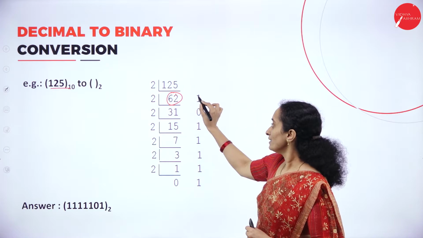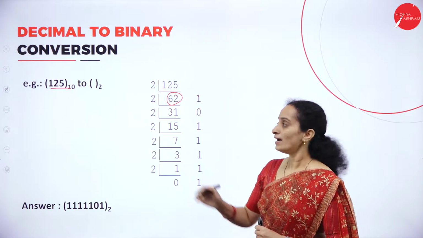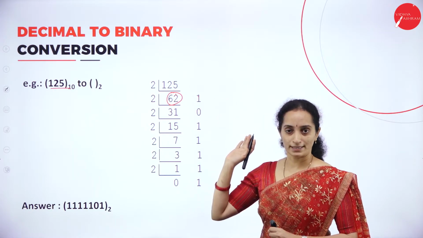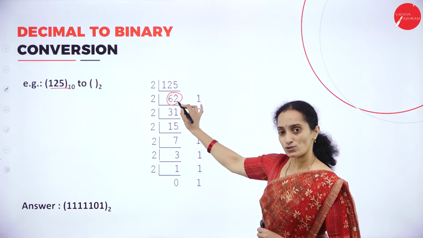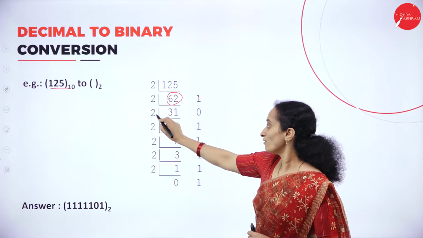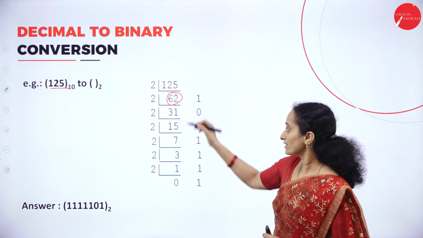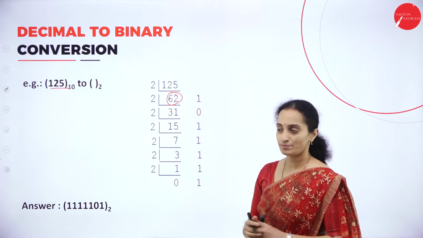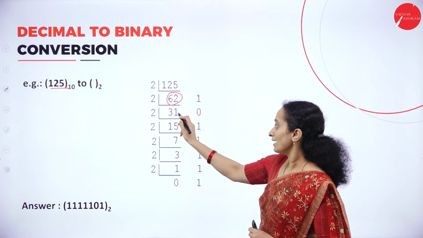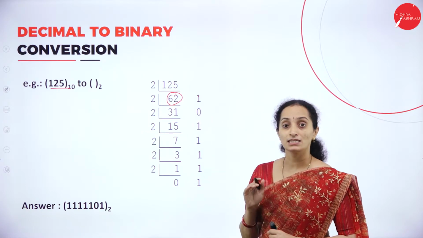The remainder is 1. I will note the remainder 1. Now this quotient will be the new number for division. Again, divide the number by 2. In this case, the remainder is 0.